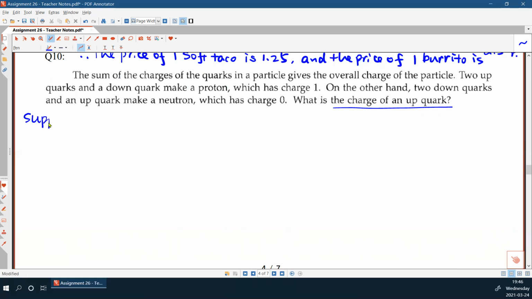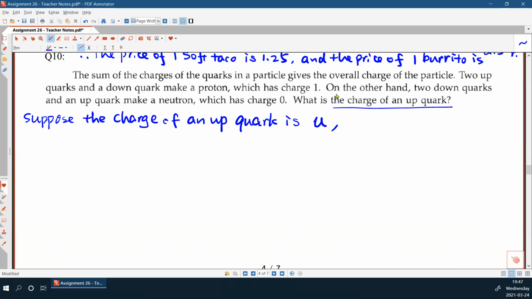Let's say, suppose the charge of an up quark is, how about U, stands for up quark, okay?